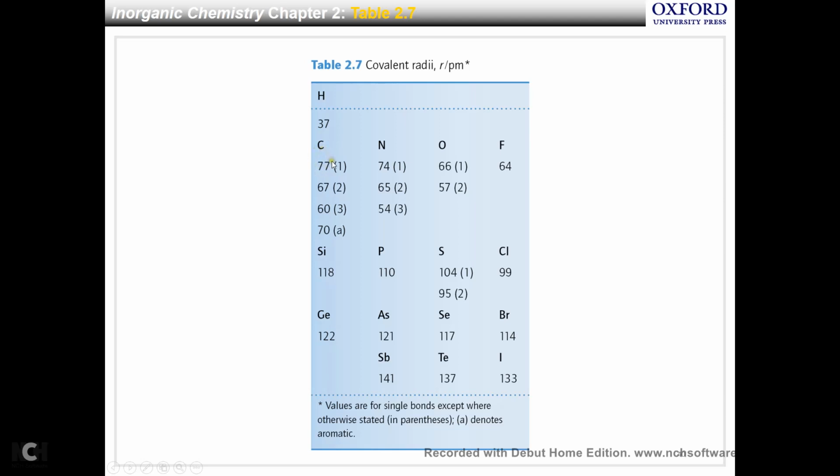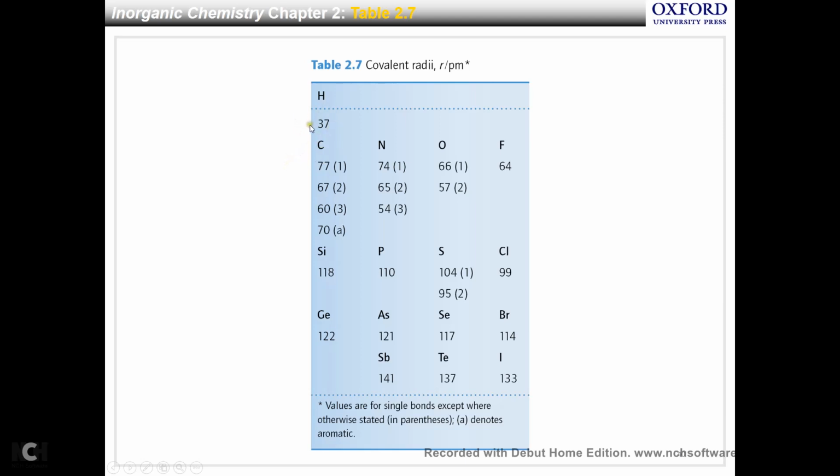There are many ways. If you look at the ethane molecule, you can just measure the bond length between the two carbon atoms. It's 154 picometers divided by 2, that's 77. But you can also use methane and look at the carbon-hydrogen bond distance, that's 1.1 angstroms, or 110 picometers.